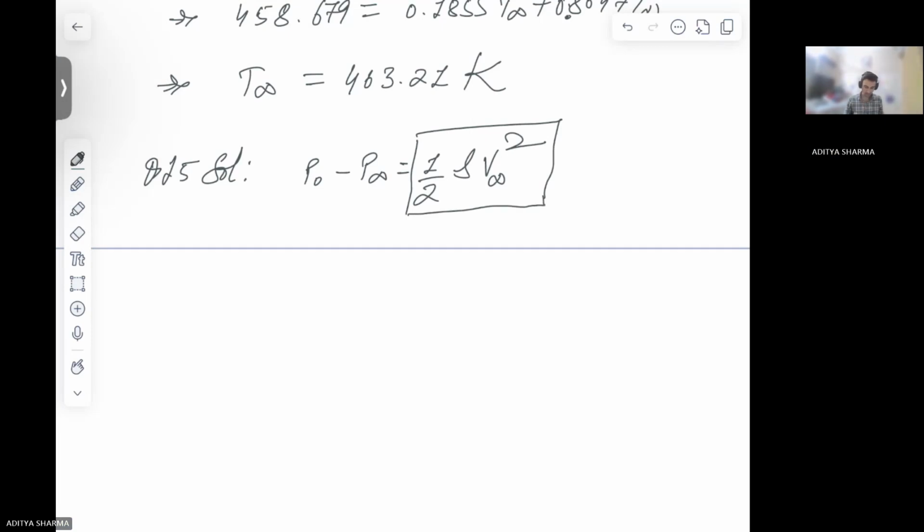Now we have the velocity, but rho we don't have. So this is half of rho V square.